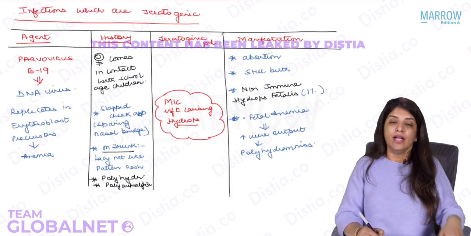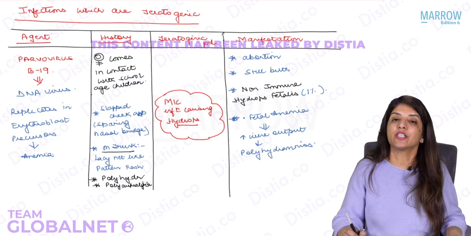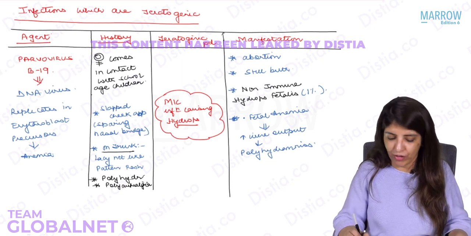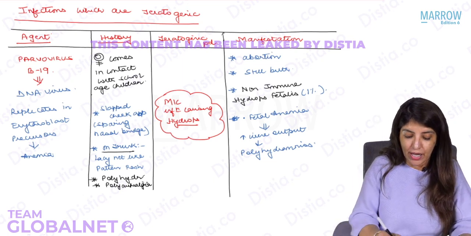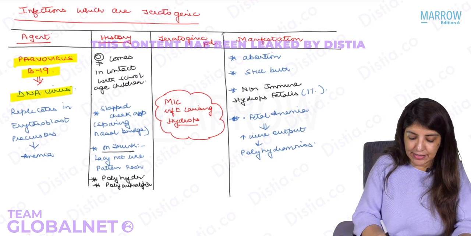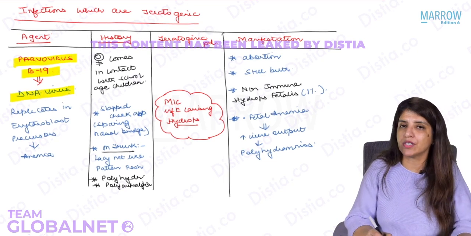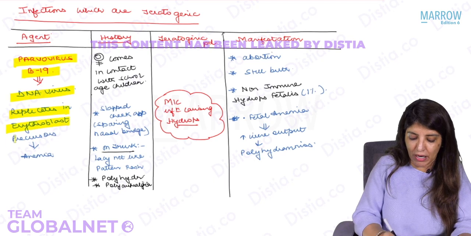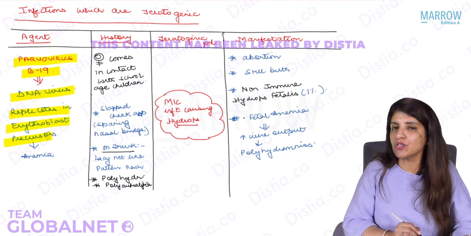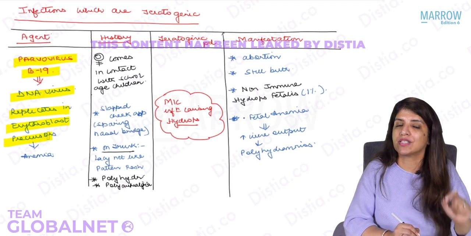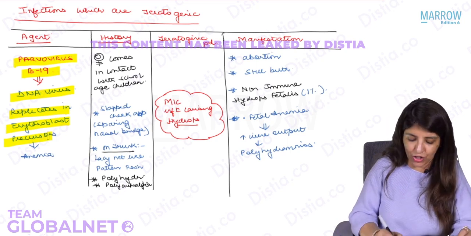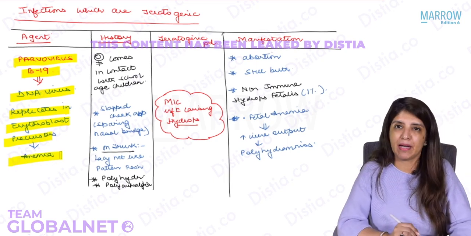Now, next infection, which is teratogenic, is parvovirus B19 infection. Let us talk about this infection. Now, parvovirus B19 is a DNA virus, and it replicates in the erythroblast precursors. Because it is replicating in erythroblast precursors, parvovirus B19 infection leads to fetal anemia. Right?